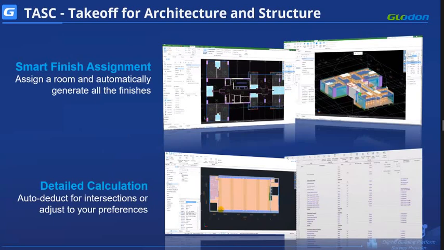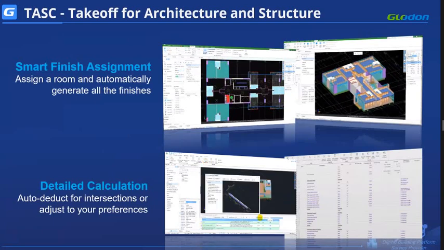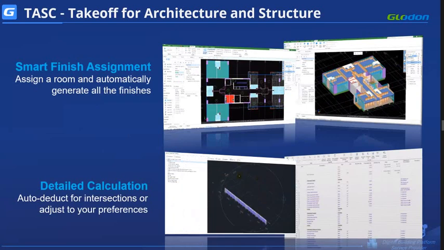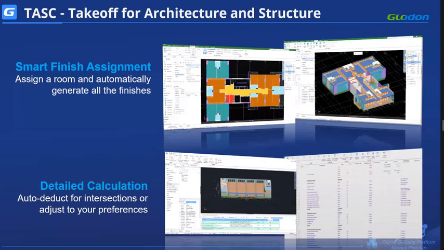Also in TAS, we support smart finish assignment: you can assign a room and automatically generate all the finishes, and finally generate the quantity report. For the detailed calculation, TAS can auto deduct the intersections or adjust to your preference.